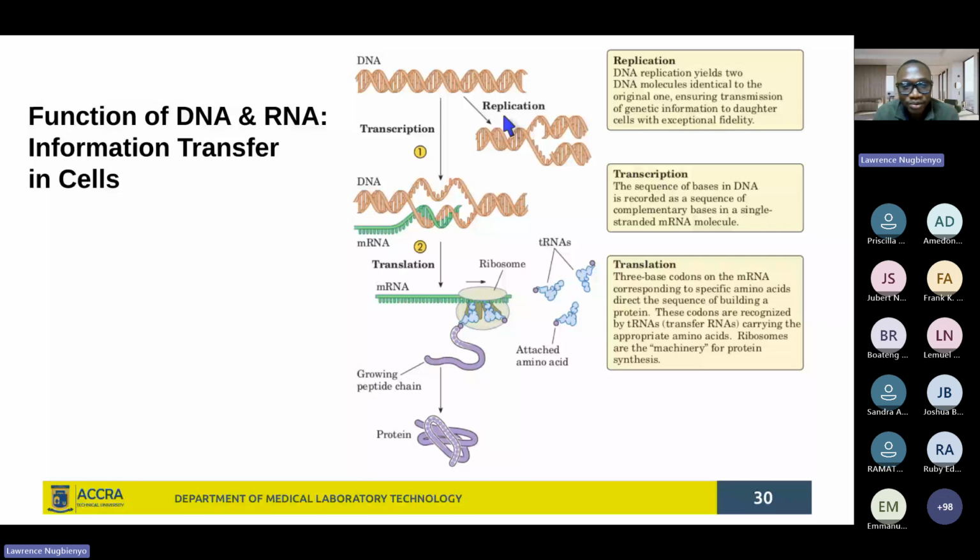Now, that process of copying the information from the DNA is what is being referred to as transcription. And what is it copied onto? It is copied onto what we refer to as the messenger RNA. So the messenger RNA will carry the information from the DNA in the nucleus and bring it to the cytoplasm.